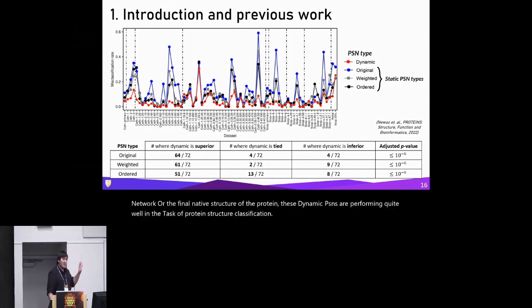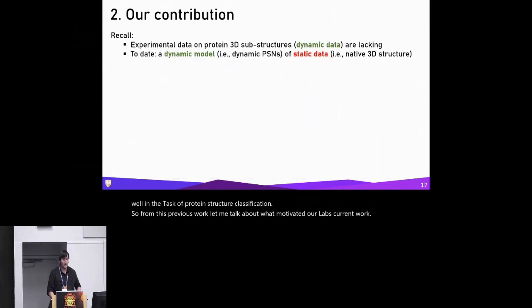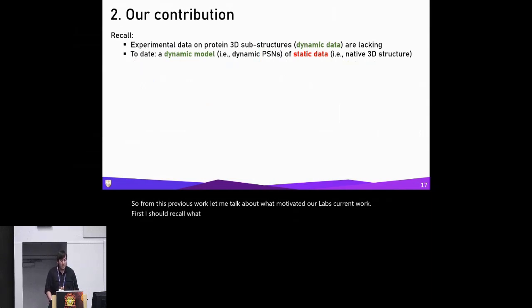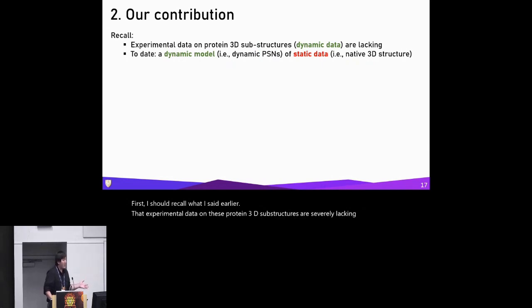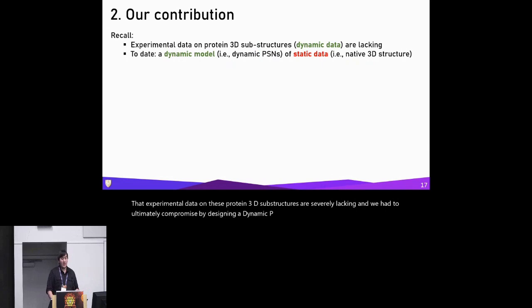So from this previous work, let me talk about what motivated our lab's current work. First, I should recall what I said earlier, that experimental data on these protein 3D substructures are severely lacking, and we had to ultimately compromise by designing a dynamic PSN model using static data, right, these native 3D structures.